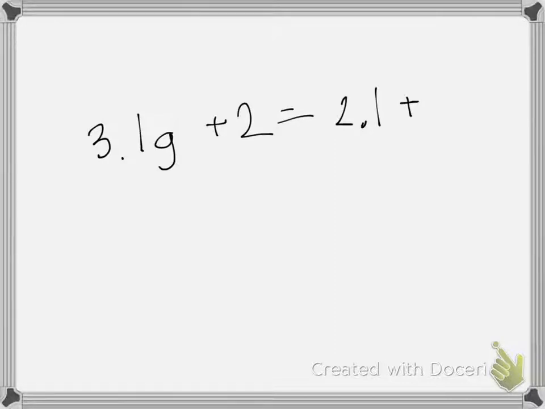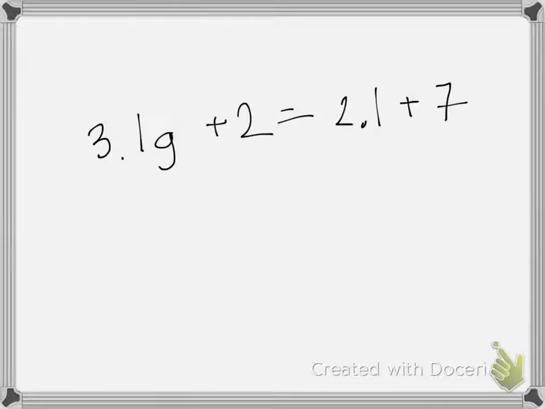All right, to see if you really understood this, I'm going to write down a problem and I want you to do it and see if you really got this down. All right. So right here we have 3.1g plus 2, and then 4.2.1g plus 7.